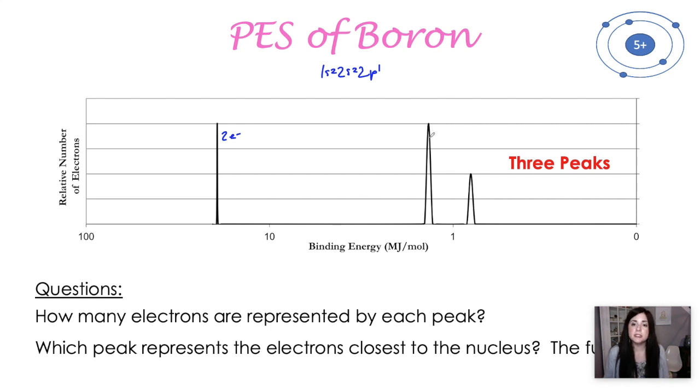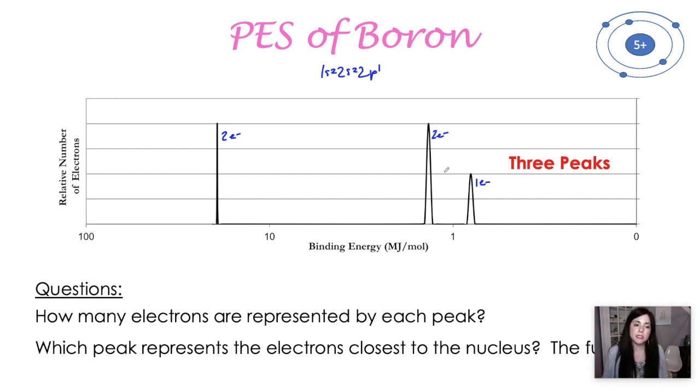Therefore, because this second peak is the same height, this must also represent 2 electrons. Whereas this third peak here represents your last electron, which is that 1 valence electron. So I'll say 1 electron, and that's because this peak is half the height of that one. So there's your 5 electrons total. 1, 2, 3, 4, 5.